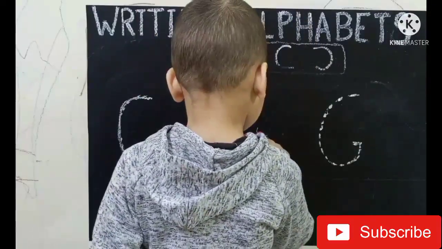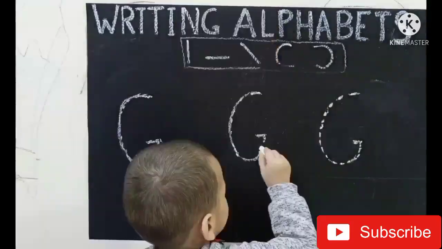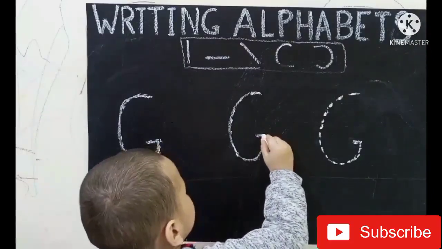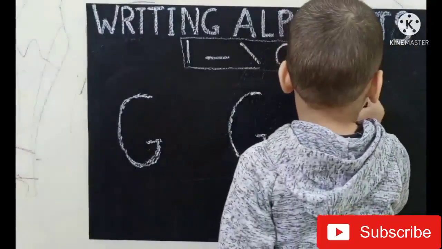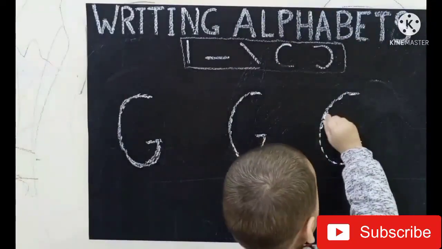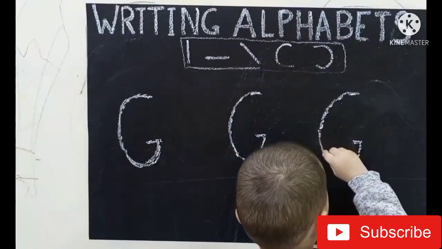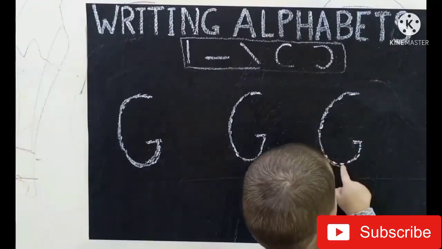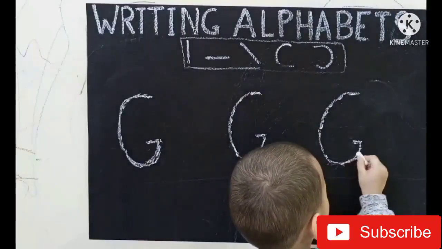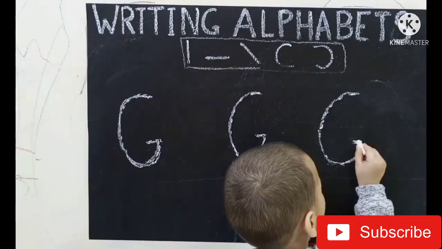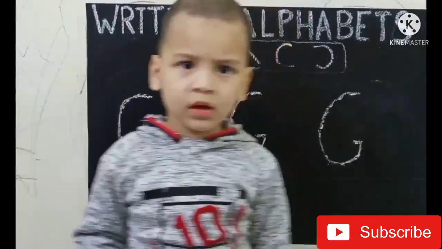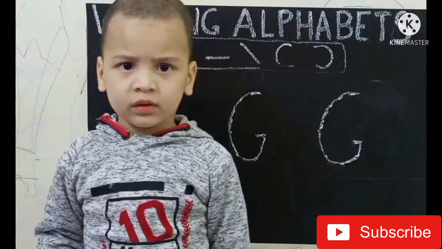Curve. Very good. Next. Curve with the small sleeping line. To make letter G, first curve and small sleeping line. This is letter G.